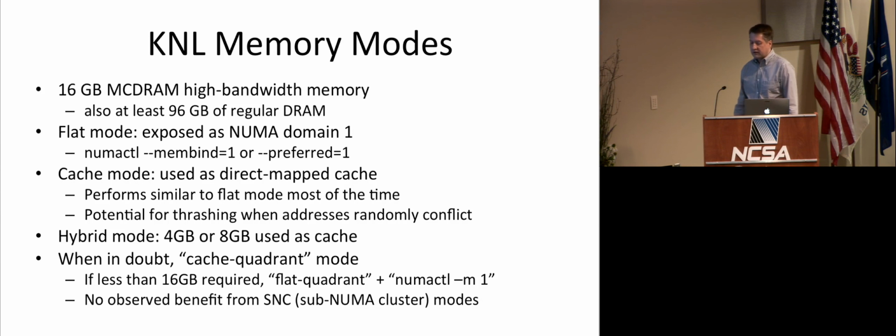Your other option is, since this chip does not have a level 3 cache, you can use the high bandwidth memory, either all of it or a fraction of it, as cache. From the experiments people have done on these machines, the performance is almost as good, pretty much indistinguishable from what you get in flat mode with the correct numactl. It does some things correctly, but this is a direct map cache.